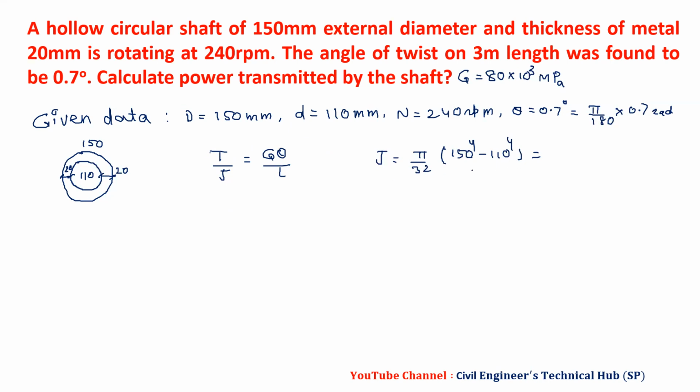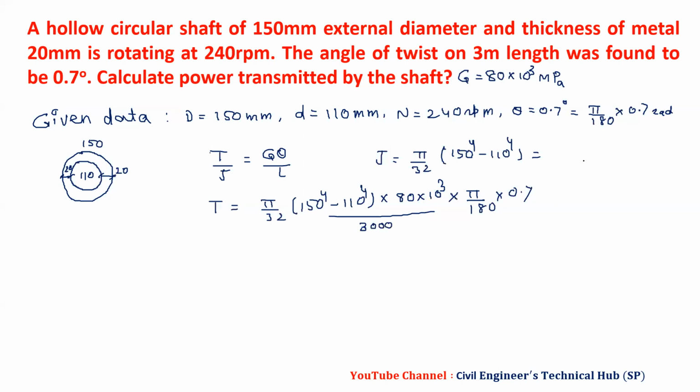So this I will keep as it is, and therefore I will calculate T, that is equal to pi by 32 into 150 to the power 4 minus 110 to the power 4, into G, which is 80 into 10 raised to 3, into theta, which is pi by 180 into 0.7, divided by L, which is 3000.